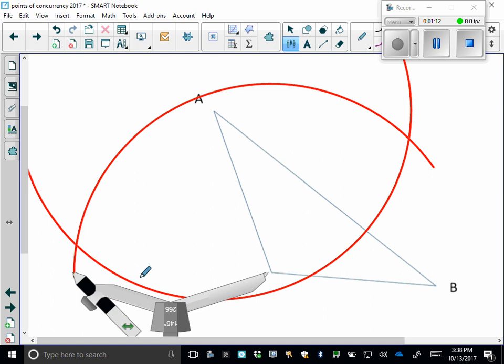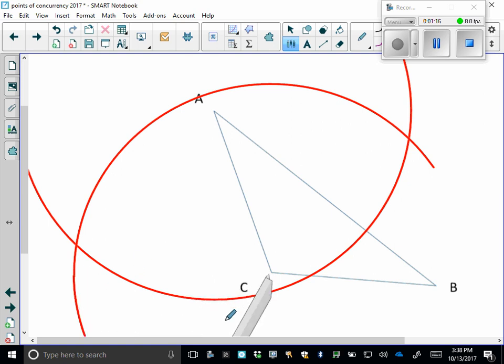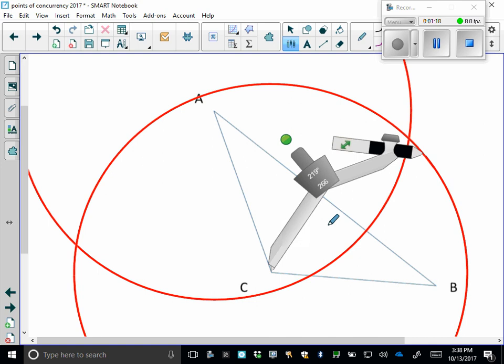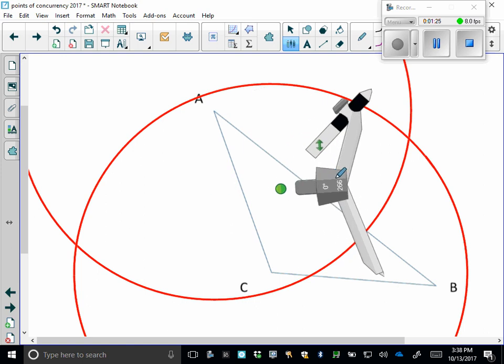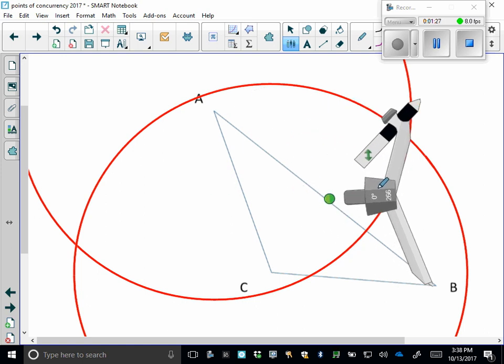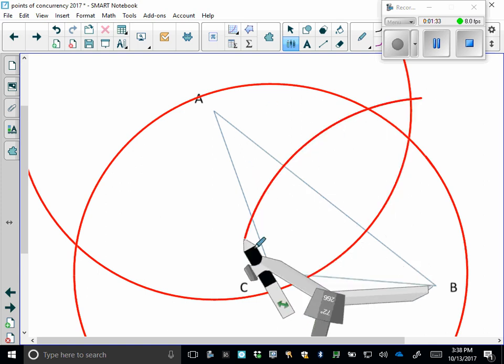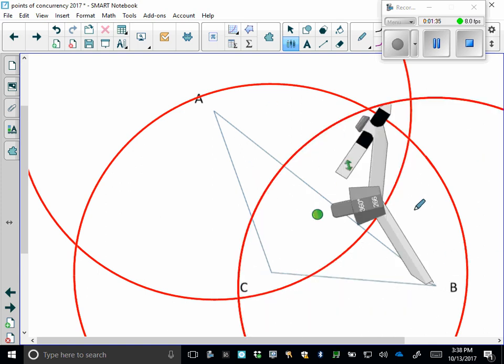So there's 2 intersection points. But if I make a big circle, I can then move my compass one more time and do 3 big circles.